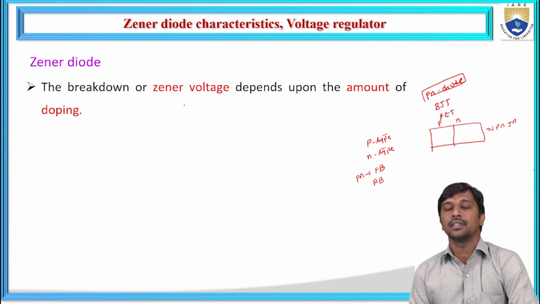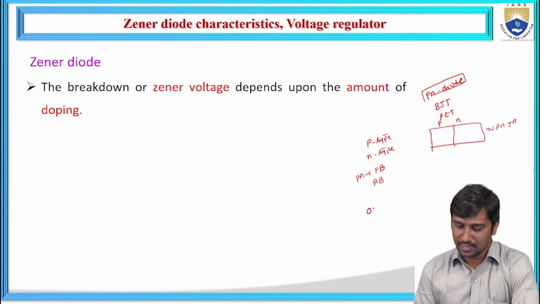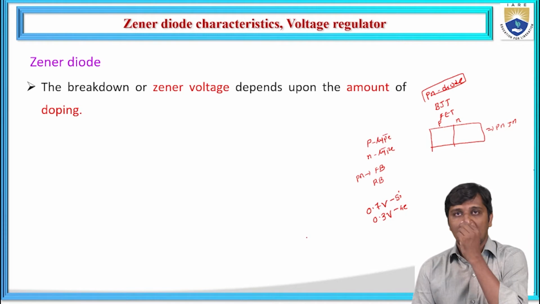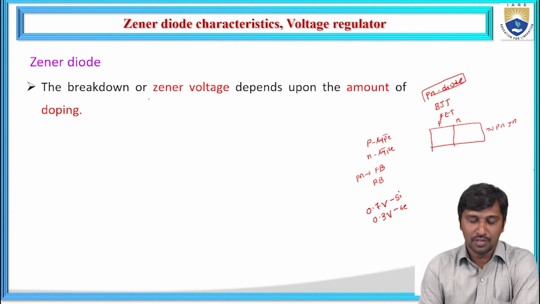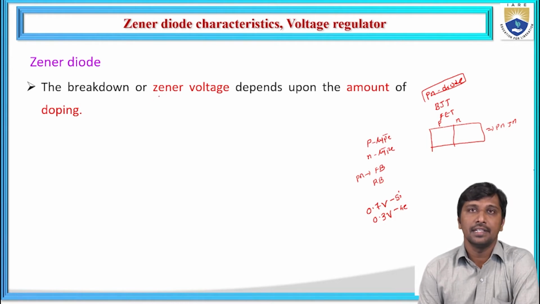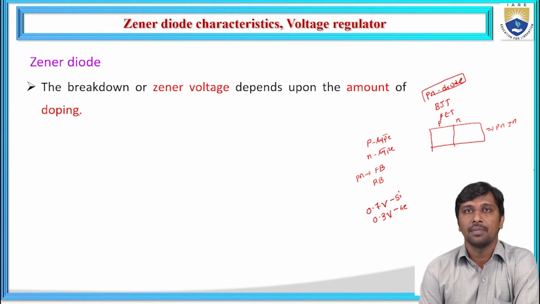If you consider a normal PN junction diode, the cut-in voltage is either 0.7 volts or 0.3 volts, 0.7 for silicon and 0.3 for germanium. In this case, the breakdown or Zener voltage is determined depending upon the doping levels. We know that doping means adding impurities to the pure semiconductor.